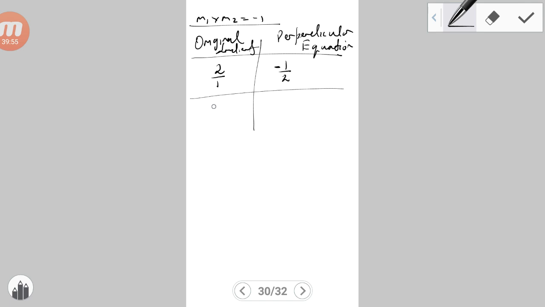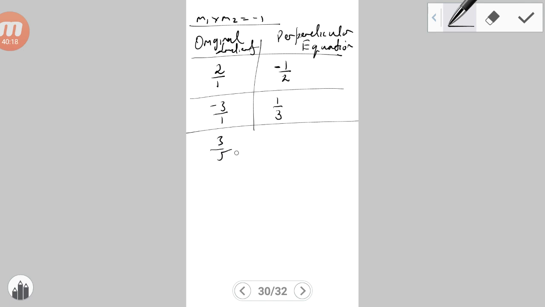Let's say hypothetically speaking we're working out and we got a gradient of minus 3. Then minus 3 is actually over 1. Inverting this will get 1/3. And because 3 is negative, we end up with a positive. So that would be my perpendicular gradient here. And over here now, let's say that it's easy to work with a fraction.